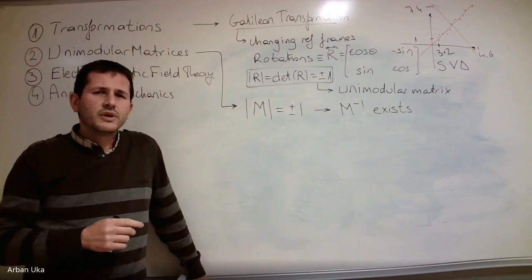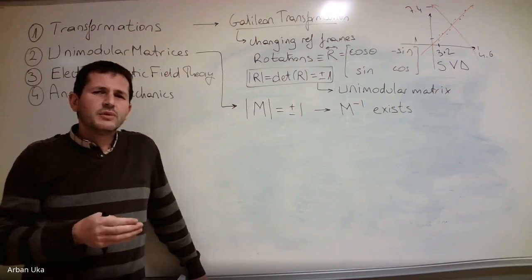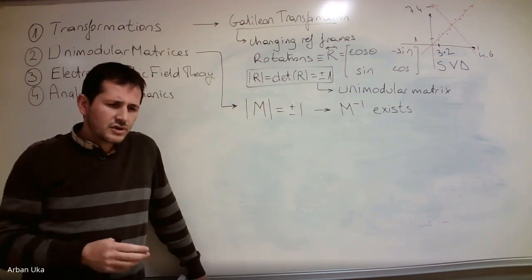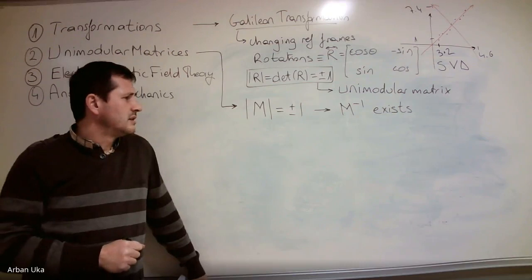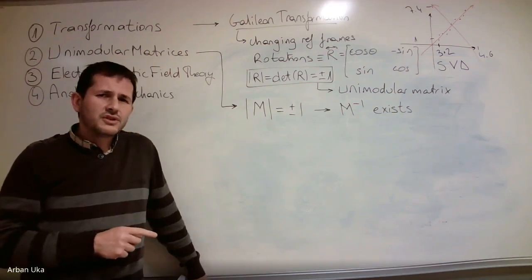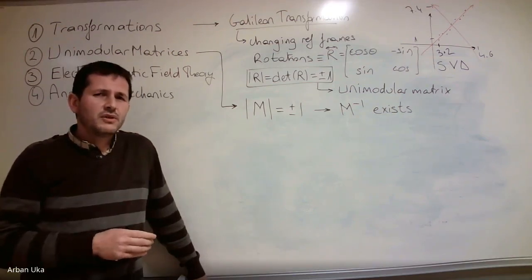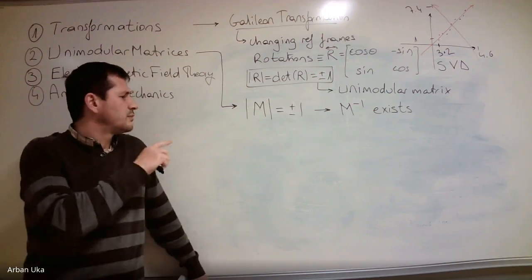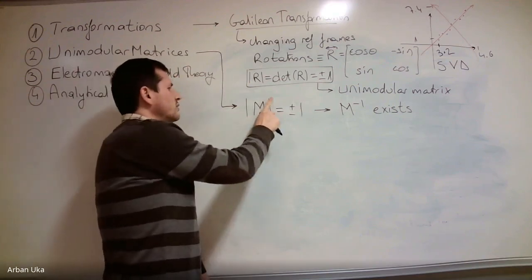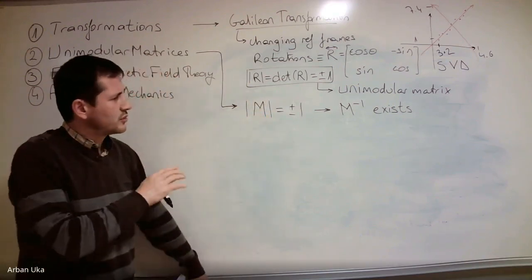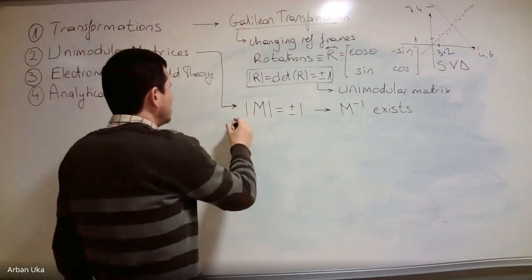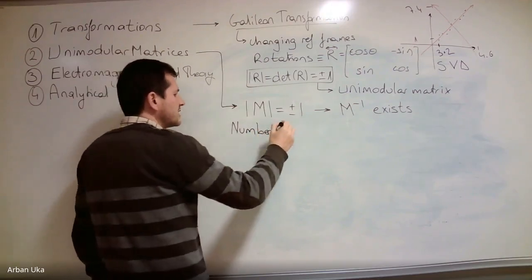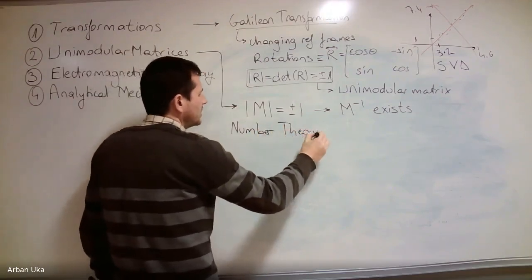Even in cryptography, often even being able to find out whether a number can be described as a product of two prime numbers is a very important problem. This deals only with integer numbers, so we're not discussing the value of pi or e in this case. Since we're dealing with integers, most probably we can find use of this interesting property that these matrices can produce. So let me put here number theory application, which finds applications in cryptography, etc.